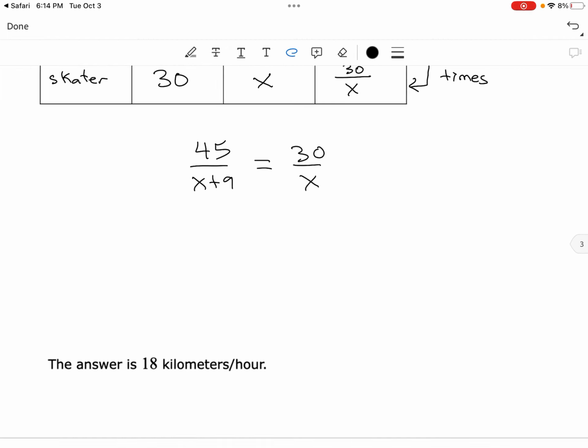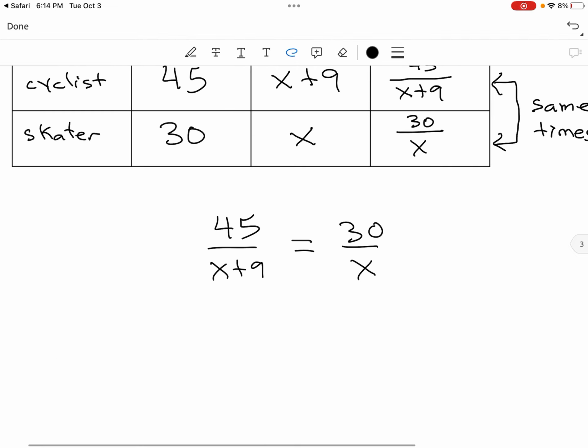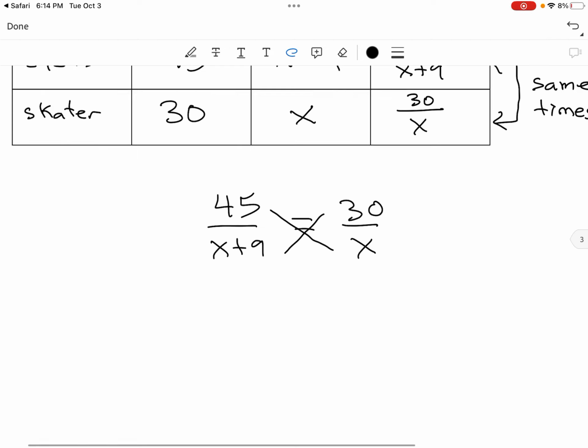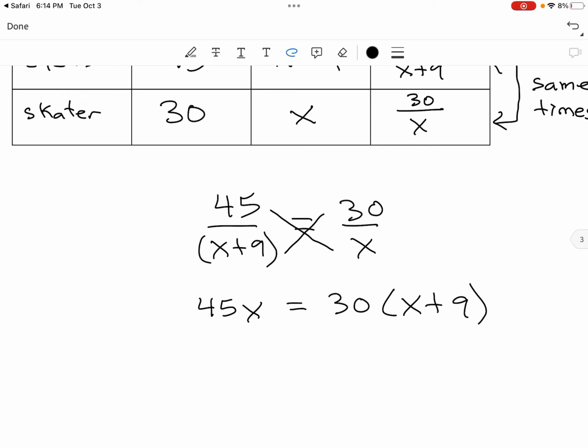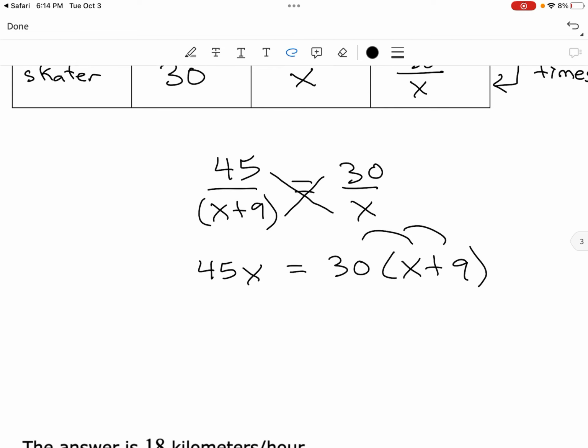I do have the answer down here, this is what we're heading towards, should be 18 kilometers per hour. We could do cross multiplication: the 45 times the x and the x plus 9 times the 30. And then do distribution. Now we're trying to get the x's together.